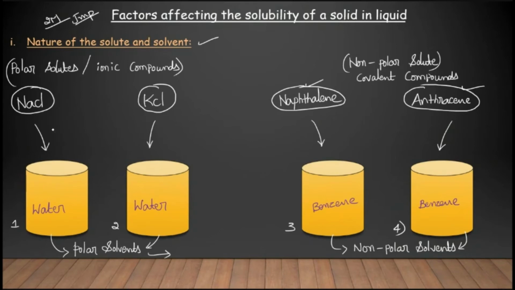So what happens here is the sodium chloride gets dissolved in water very easily. Because of the ionic interaction, because of the electrostatic force of attraction between the opposite charges, the sodium chloride will get dissolved in water and form a solution very quickly.